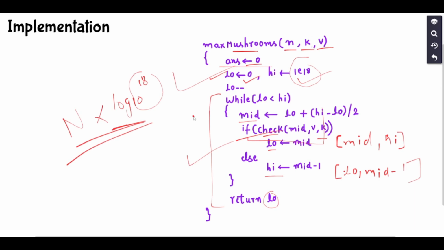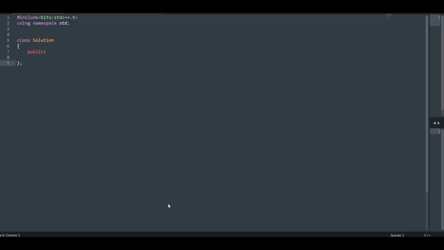Fine, so let's implement the solution in code. Okay, so this is my solution class. Create a function which represents the maximize mushrooms, which takes in this vector, let's call it v, and the number of moves that I have.